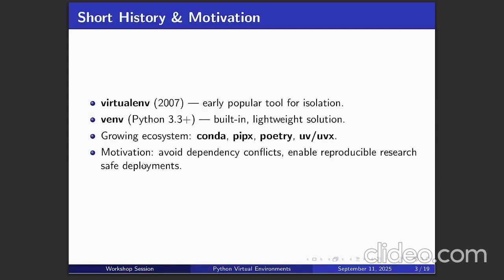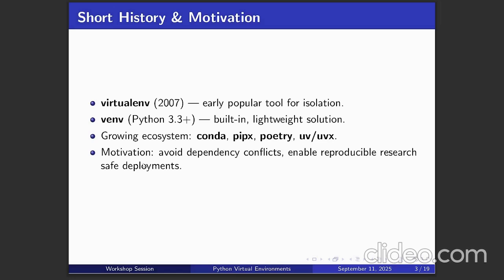Now let's discuss the short history and the motivation behind virtual environments. Historically, virtualenv was the first popular tool. It came in 2007, and later Python 3.3 introduced a built-in module called venv, which is good, lightweight, not heavy.